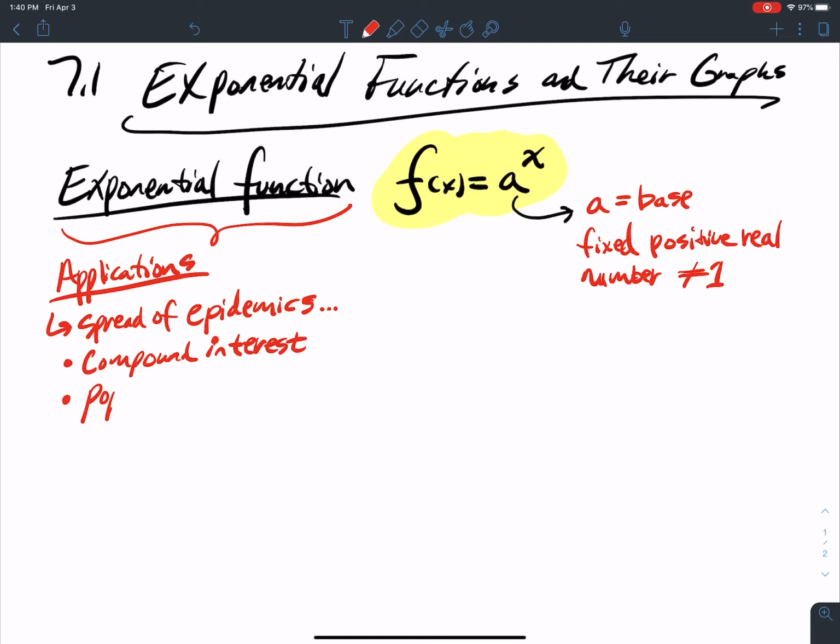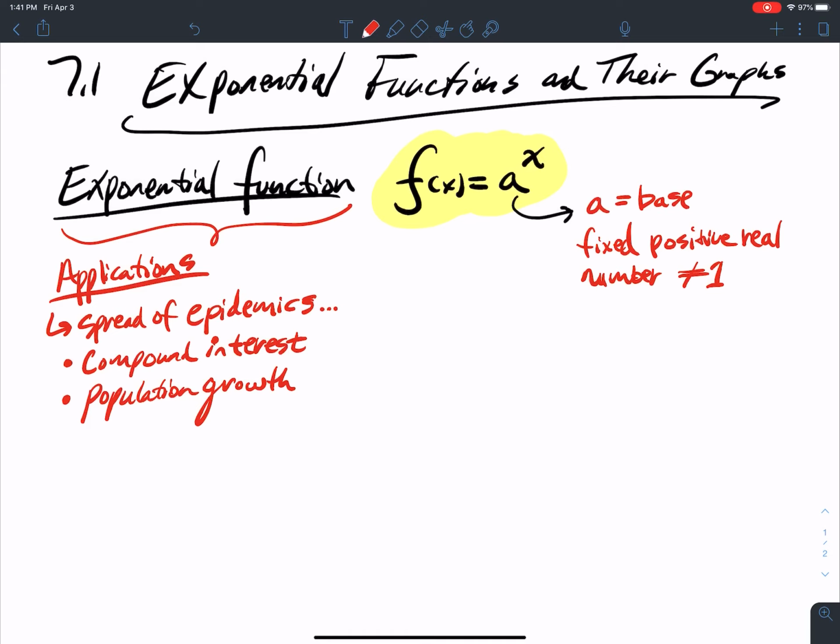Population growth. You think about population growth, the more people there are, the more people they have. So the bigger the population, the faster the population grows theoretically, right? Till there gets to be some overpopulation in some areas, and then crazy things happen.